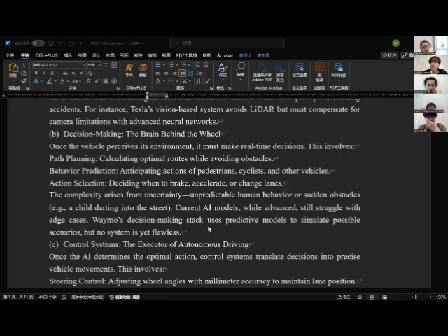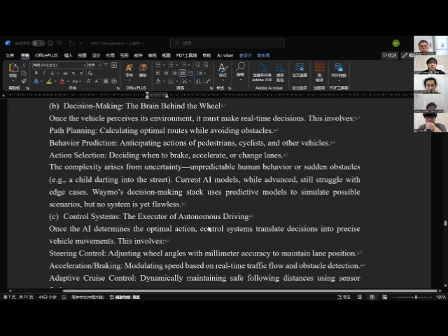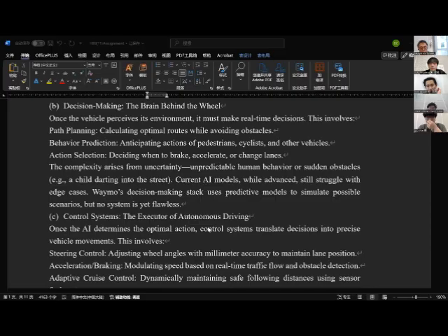Decision-making, the brain behind the wheel. Once the vehicle perceives its environment, it must make real-time decisions. This involves path planning, calculating optimal routes while avoiding obstacles; behavior prediction, anticipating actions of pedestrians, cyclists, and other vehicles; and action selection, deciding when to brake, accelerate, or change lanes.